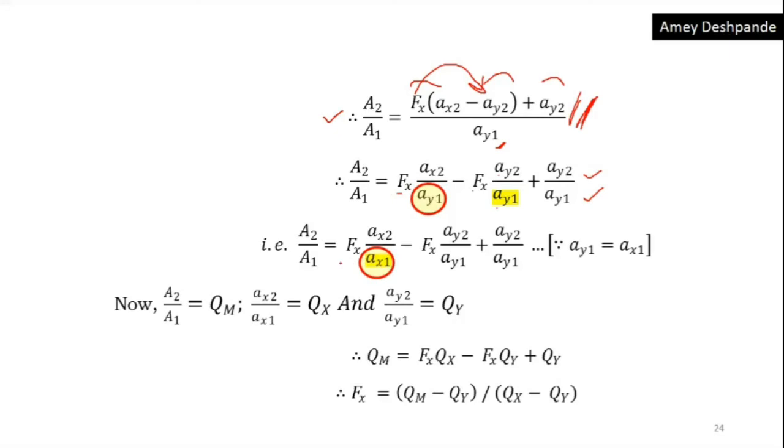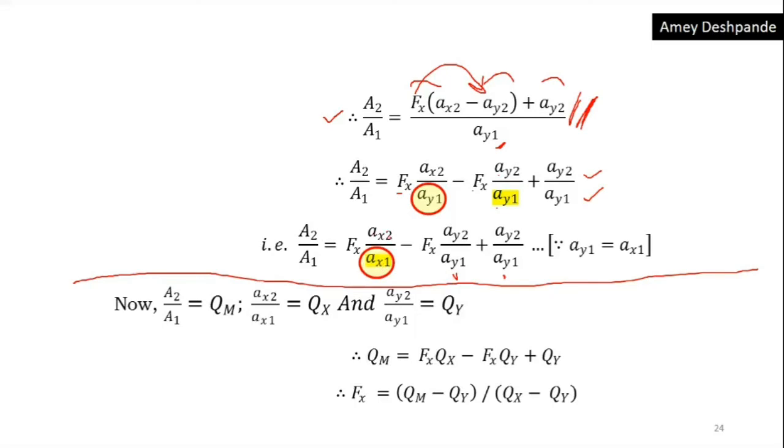After replacing, the term becomes fx ax2 upon ax1 minus fx ay2 upon ay1 plus ay2 upon ay1. After you have reached here, we have got three terms which are very similar. These two terms are the same, ay2 upon ay1, ay2 upon ay1, and this is ax2 upon ax1.